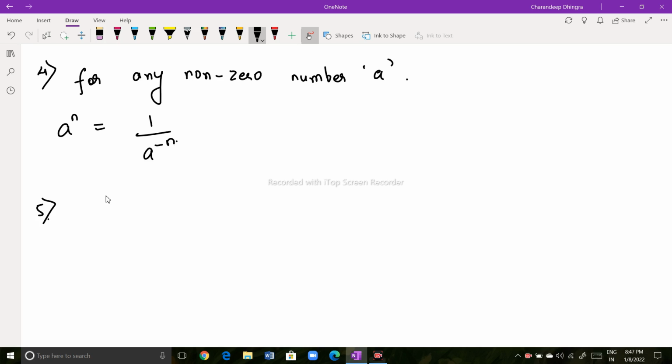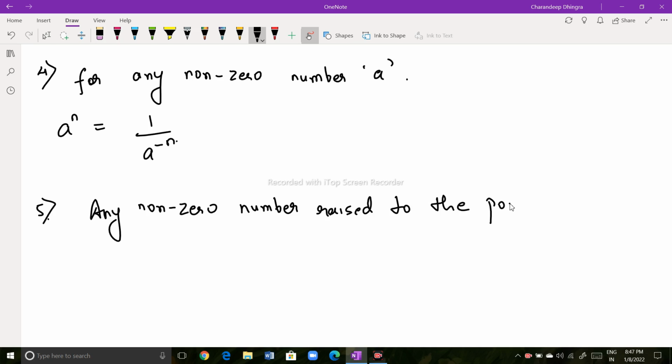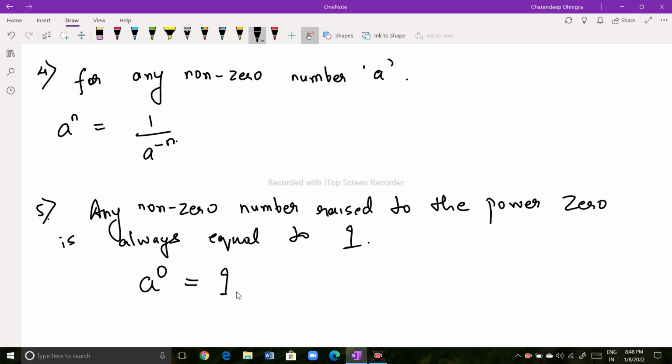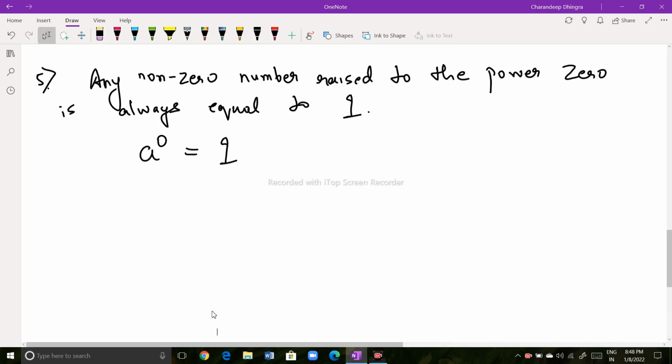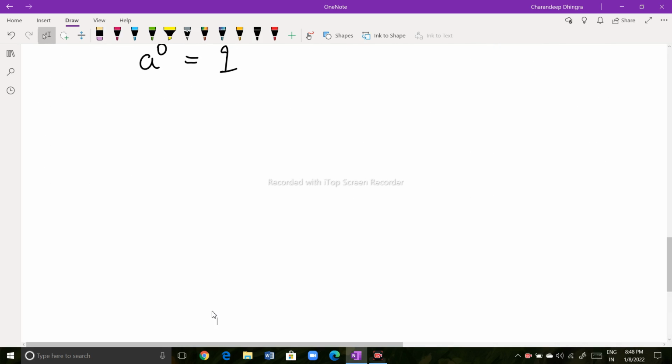And the last one, any non-zero number raised to the power 0 is always equal to unity or 1. So if a is a non-zero number, anything raised to 0 will give you 1. So if we know these three laws and these five statements, then we can solve any question of indices using these concepts. So let's start off with the first one.